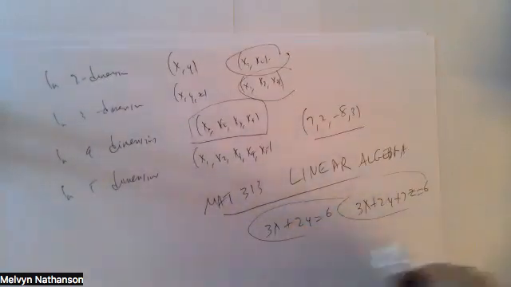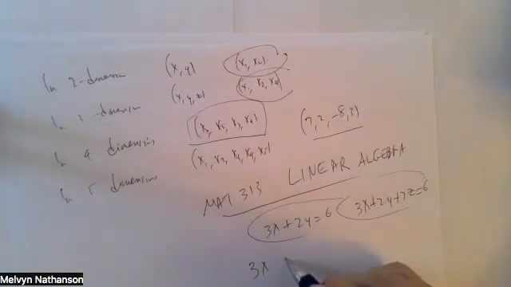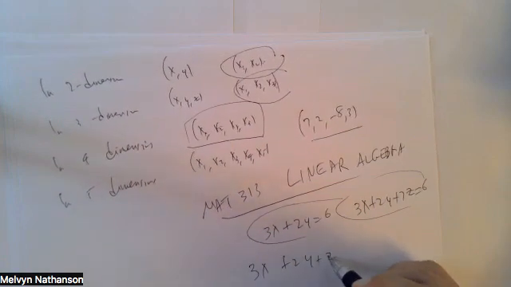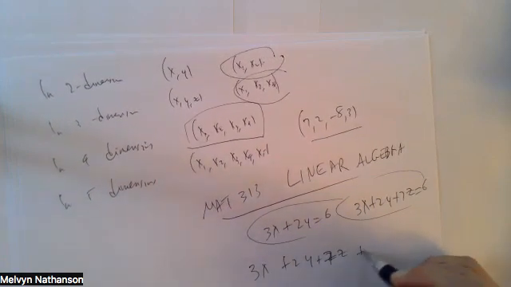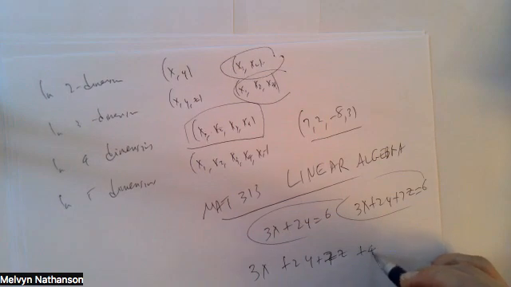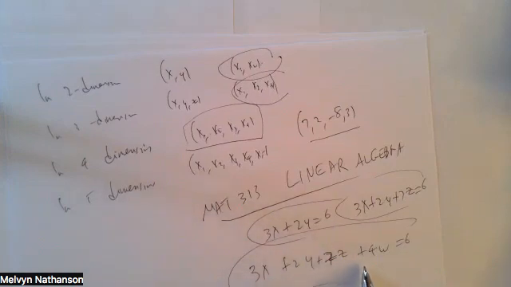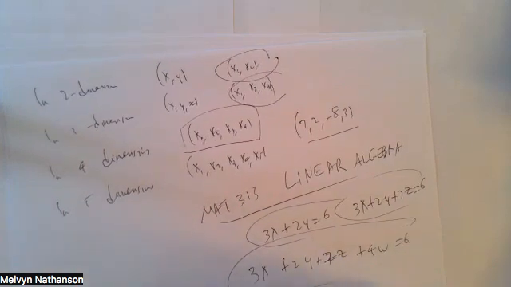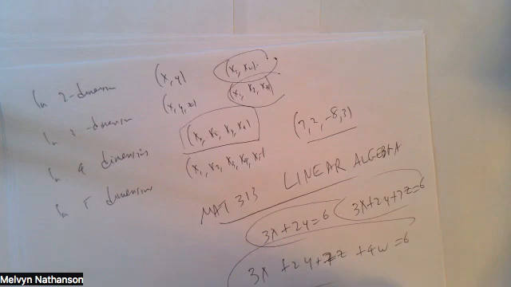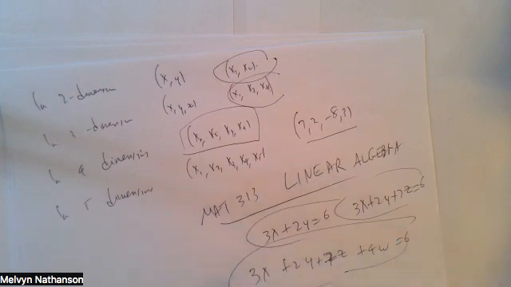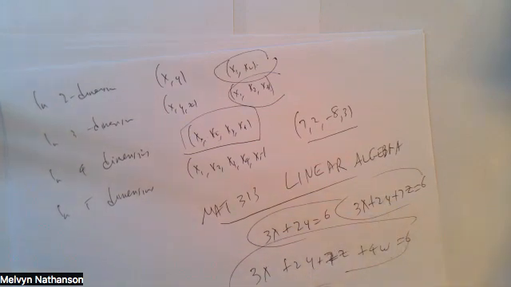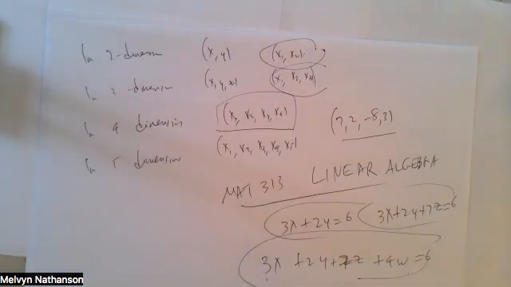And you could have an equation in four variables, 3x + 2y + 7z + 4w = 6, right? You just want to find all numbers x, y, z, w that satisfy that equation. So if you have a linear equation like this, which isn't much different from what you learned in high school except there are four variables, a solution of that is a point in four-dimensional space.